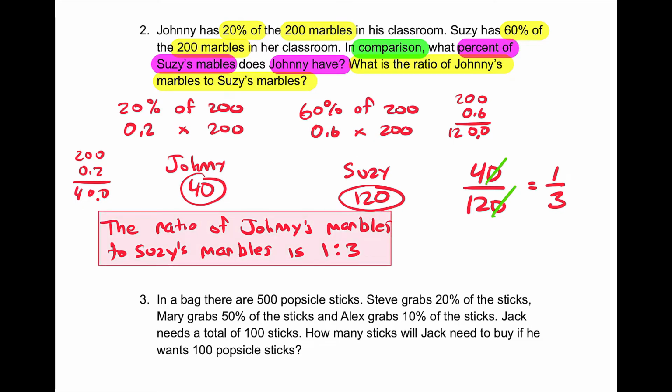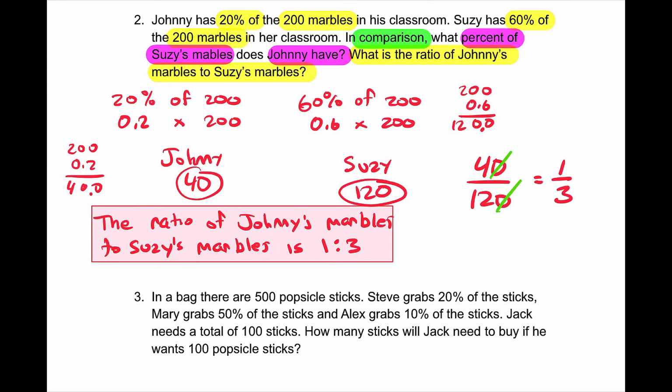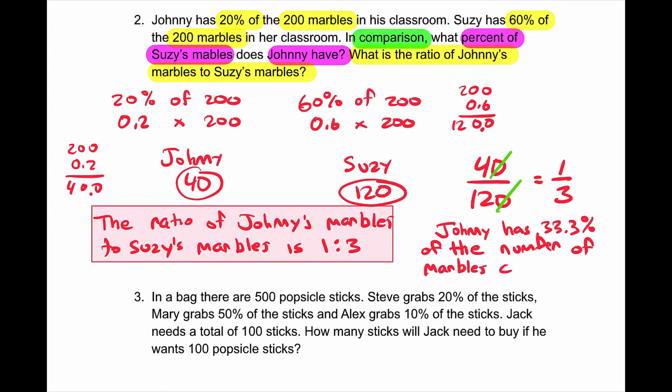And now we just need to figure out the percentage. This is one of those numbers that you should recognize. 1 over 3 is 33.3%. So again, in a word response, Johnny has 33.3% of the number of marbles compared to Susie.